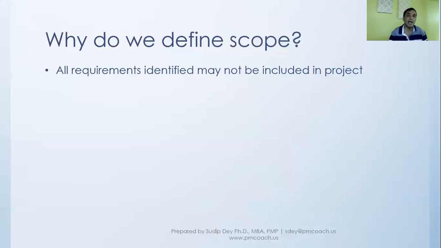That's because all requirements that have been identified may not be included in the project. When we are collecting requirements, talking to different stakeholders, understanding what they need based on their business, there is something that we do, if you remember, which is we prioritize those requirements.